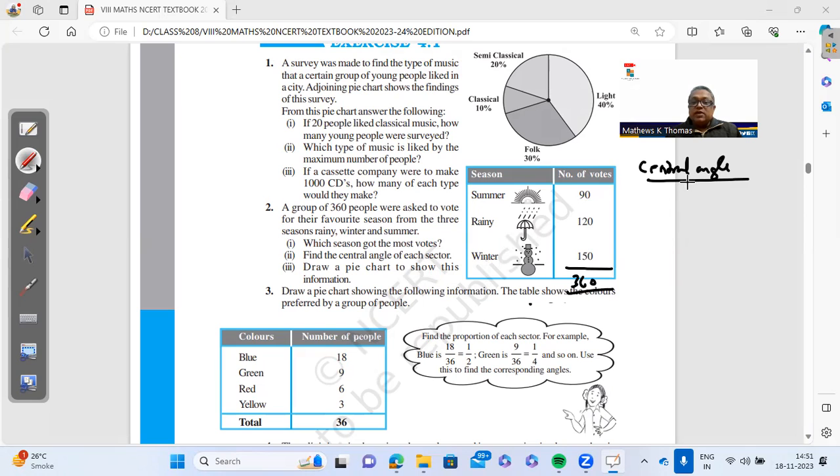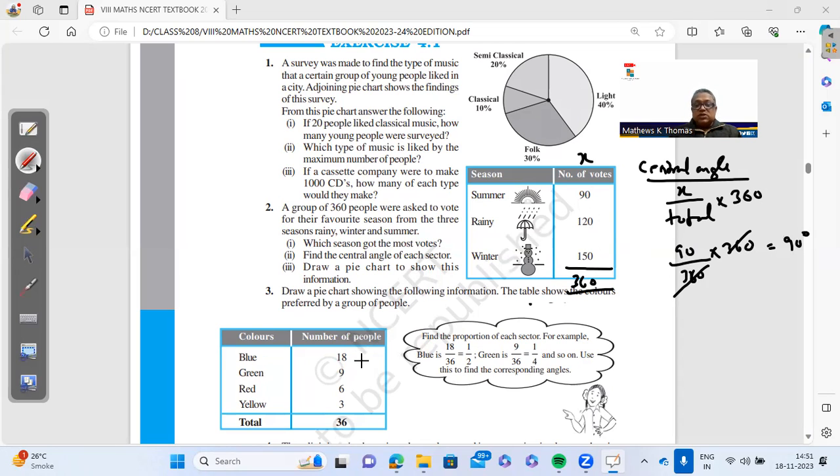So the central angle will be, let's say this is the value of x, x upon total multiplied by 360. Always we will multiply by 360. So here we will get 90 upon 360 into 360. It so happens that these are the same, but it may not be the same. It cancels and we get the angle as 90. Similarly, this will become 120 by 360 into 360, that is 120.